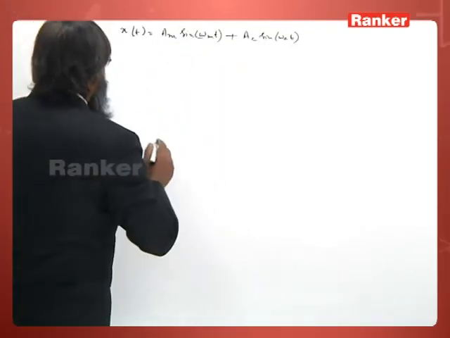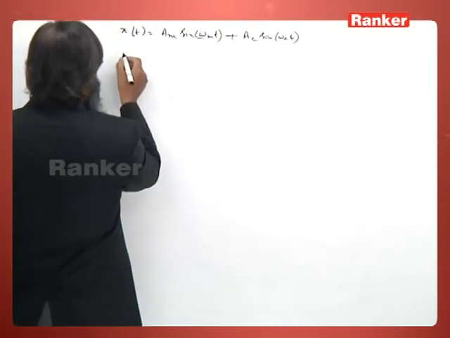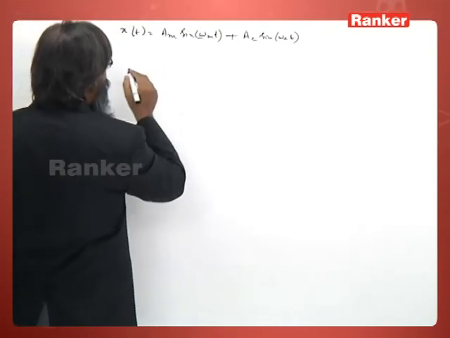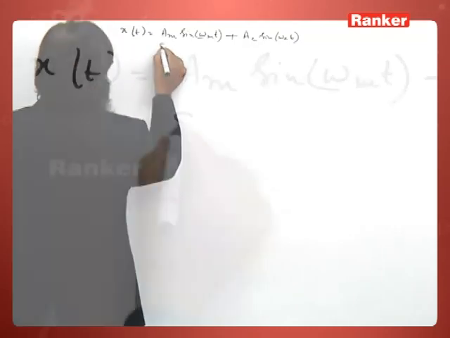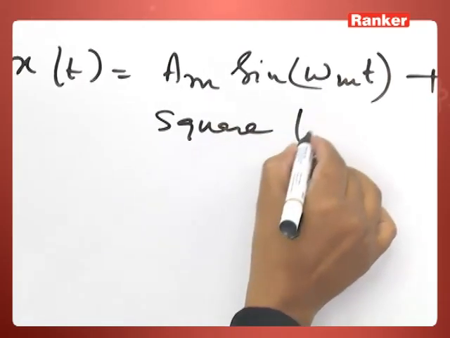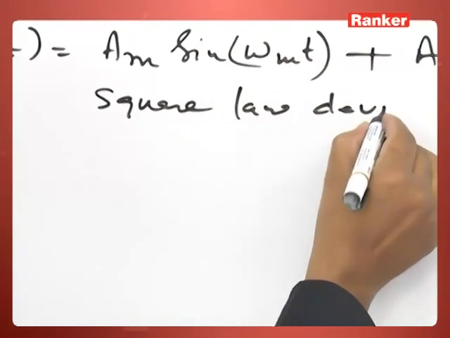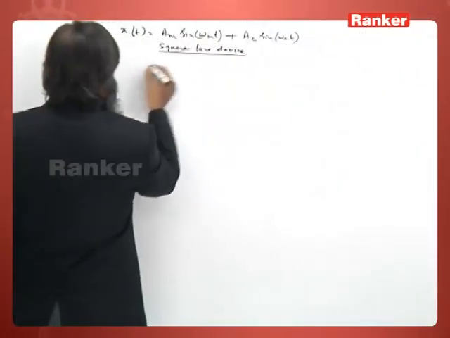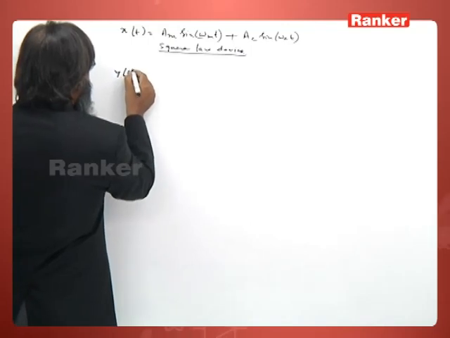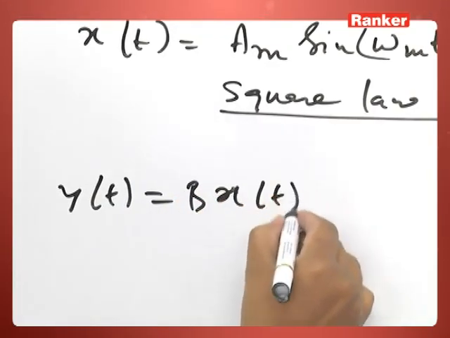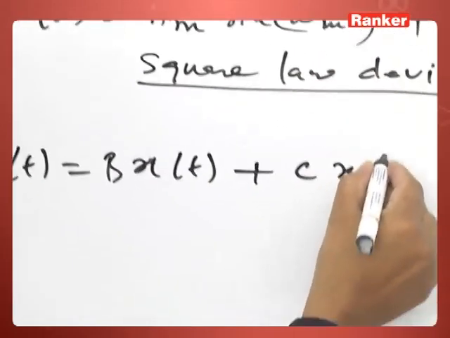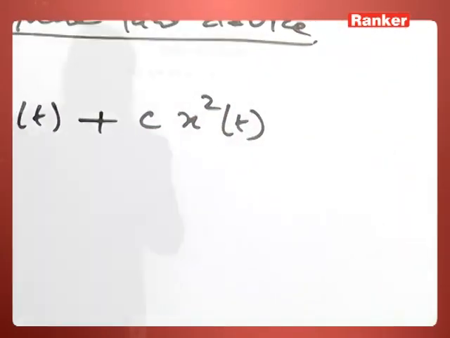Now it is passed through a square law device, which gives y(t) as b times x(t) plus c times x(t) whole squared.